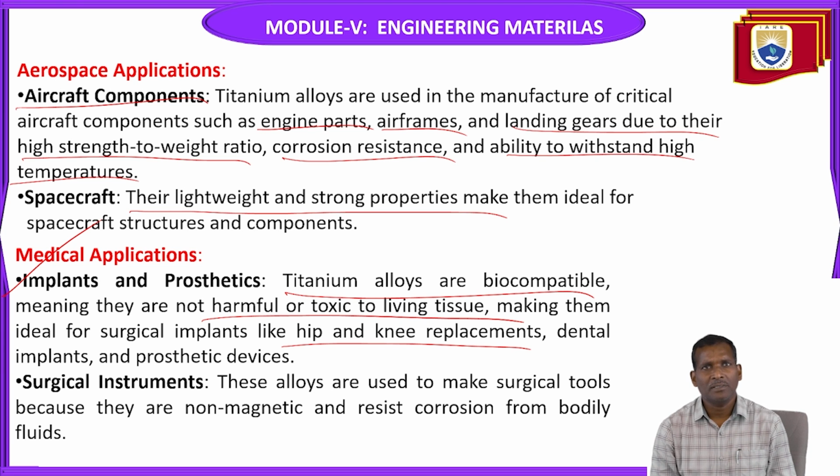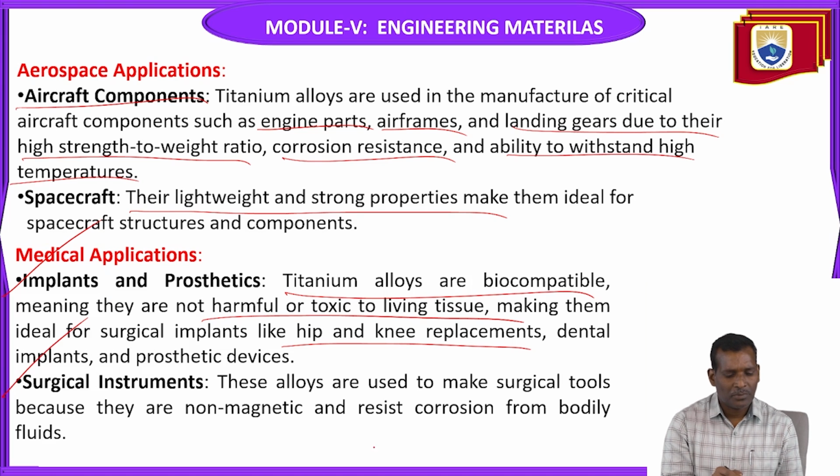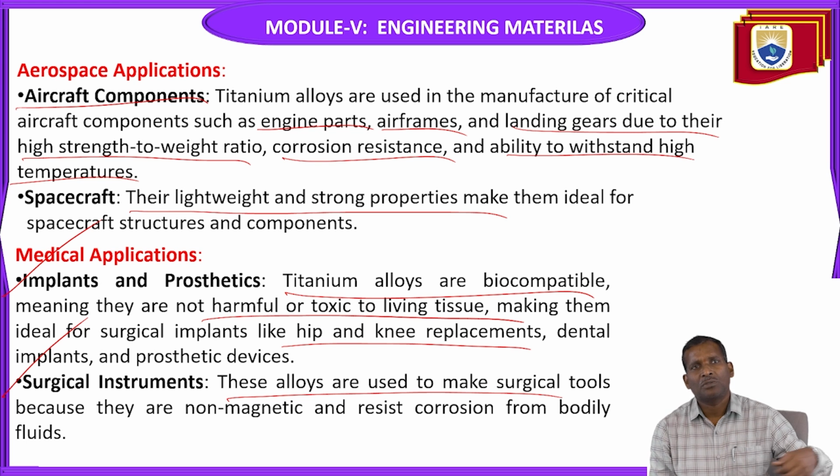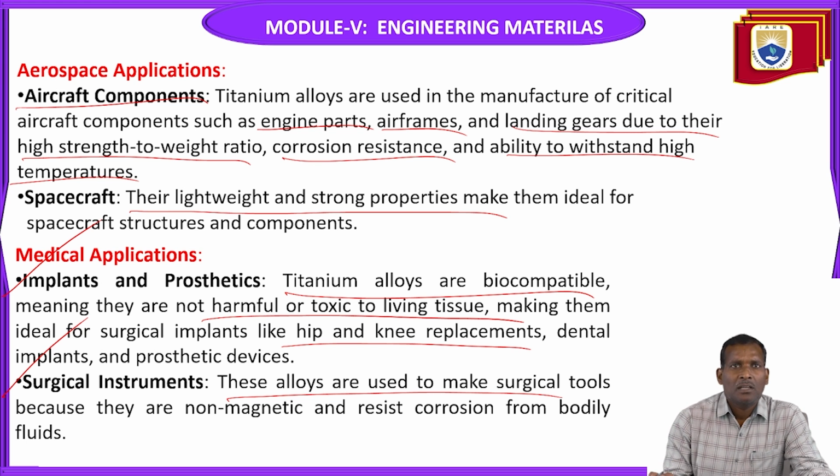So why? Because they are not harmful and also not toxic to the living tissues. Surgical instruments: these alloys are used to make surgical tools because they are non-magnetic and resist corrosion from bodily fluids.